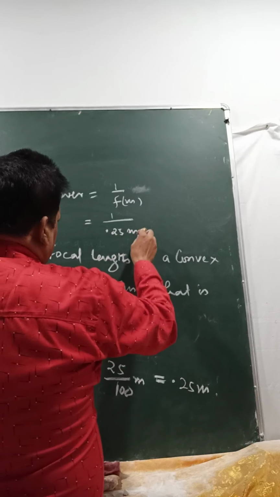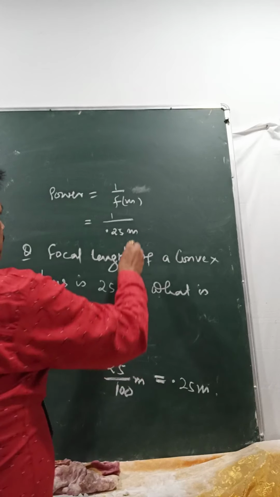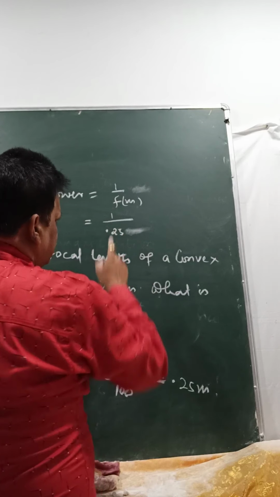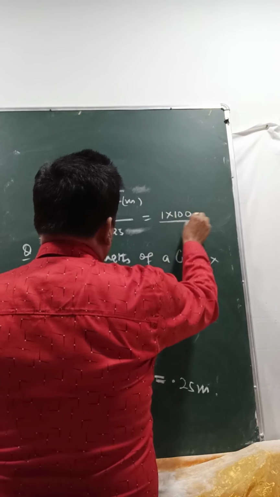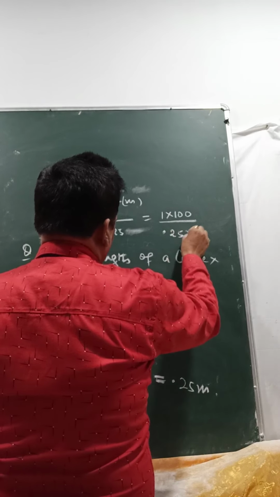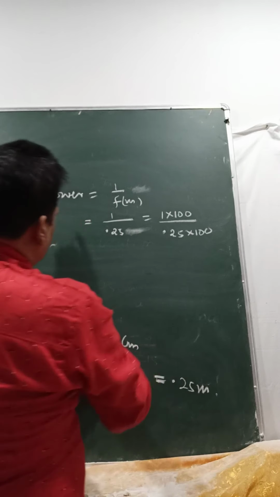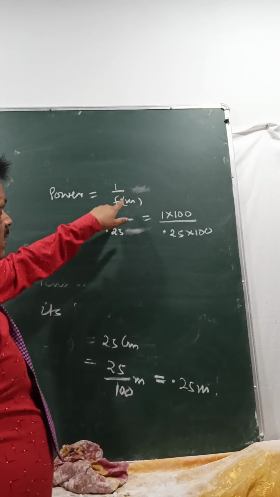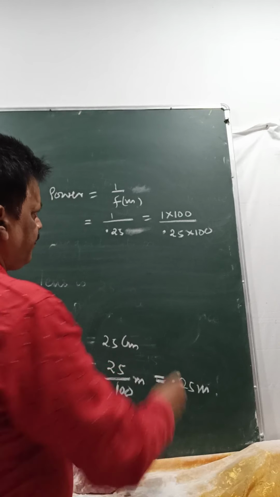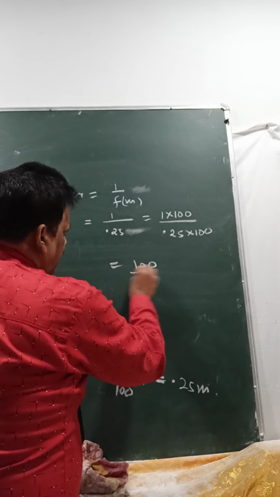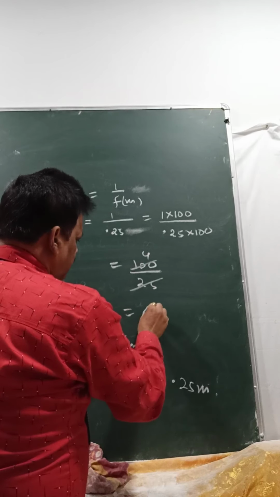Because power is in terms of diopter, when you write f, you should write it in meter form. That is why we converted to meter. So that is 1 into 100 by 0.25 into 100, which is 100 by 25. 25 4s are 100. So that is 4 diopter.